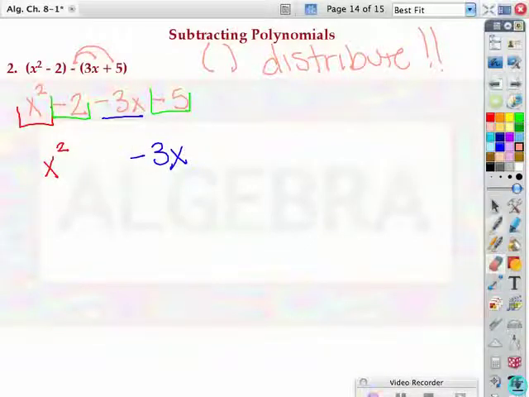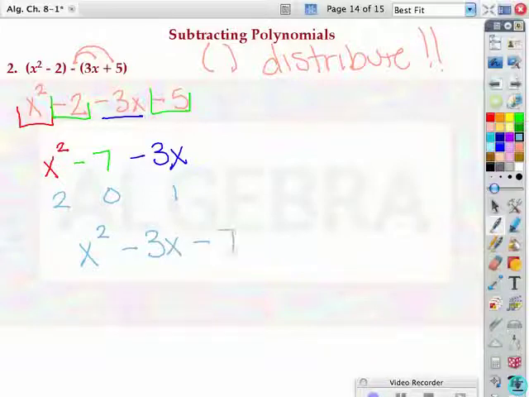So minus 7 here. And then standard form, as always, the degree for our first term here is 2. Then we have 0, and then we have 1. So we start with the highest, x squared, and then we work our way down, minus 3x, and then minus 7. And there you go.